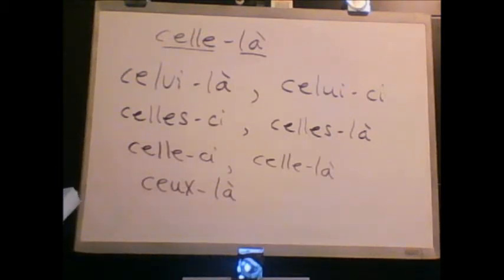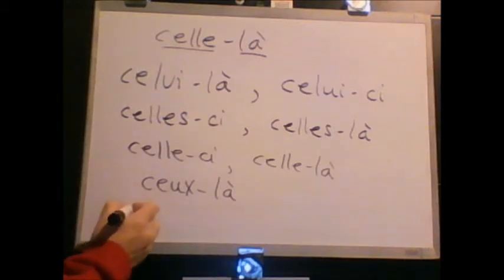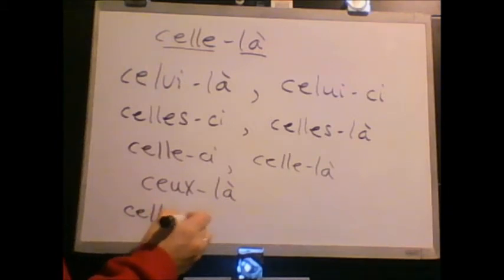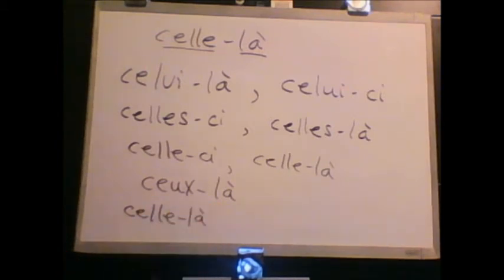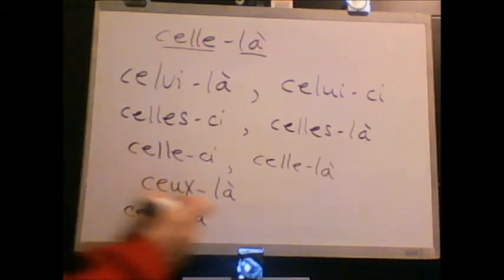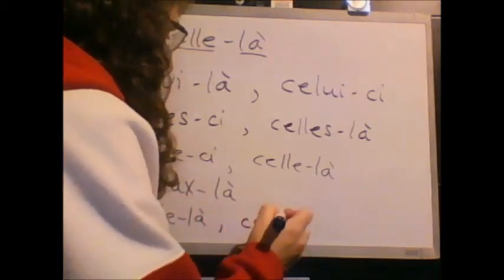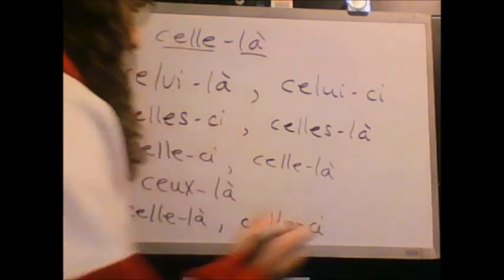So we will want celle-là, because that goes with the robe. The former, the one I mentioned longer ago, that one. But this one, the latter, the one I have just mentioned, that would be celle-ci. Okay?